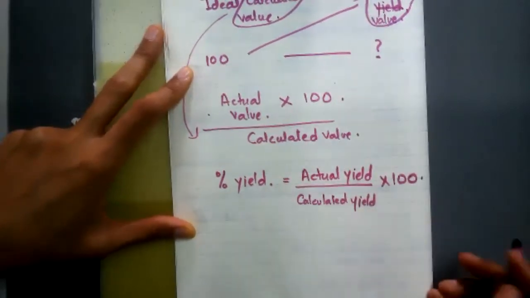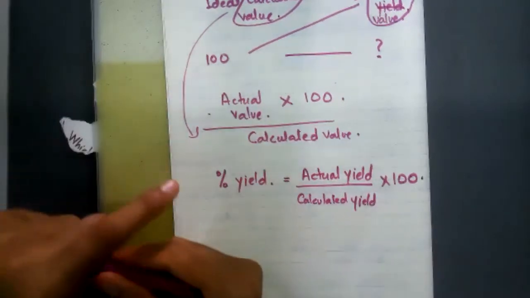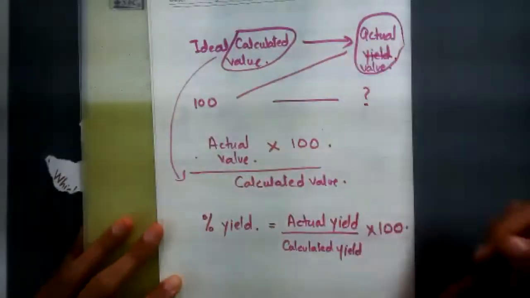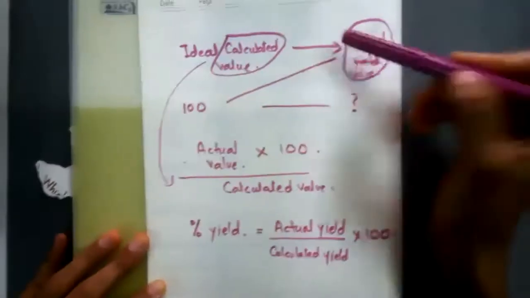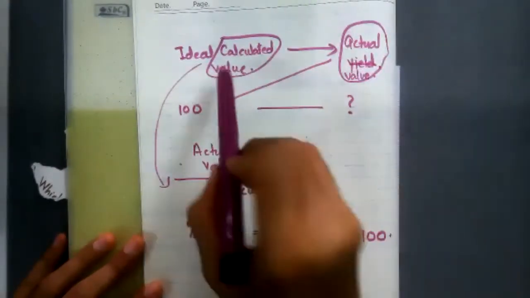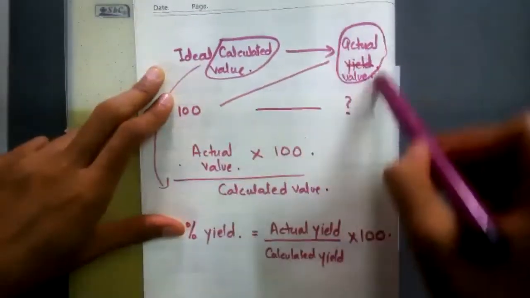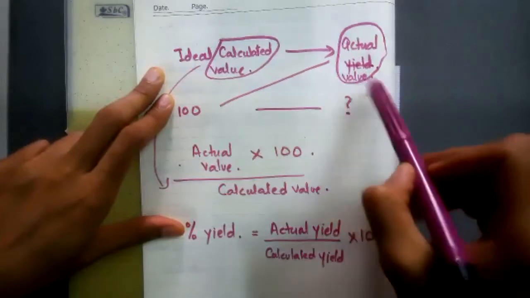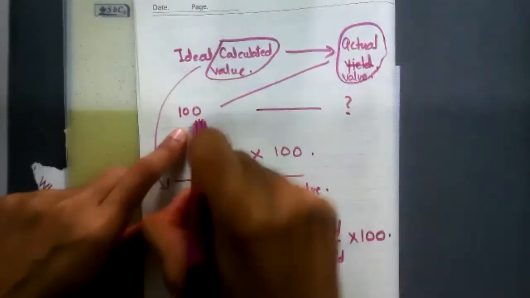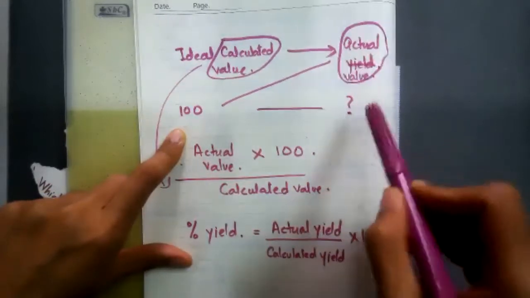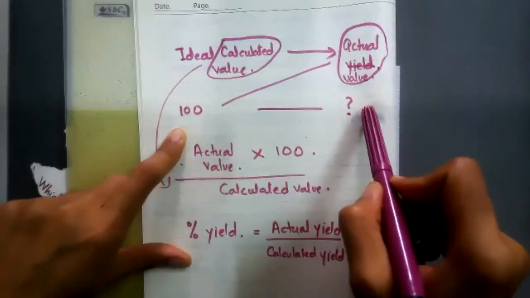I'll talk about this in detail, but this is the ratio method, so I'm going to repeat it. If out of this ideal calculated value I got this much, then if the ideal value was 100, how much mass of the product would I have obtained?